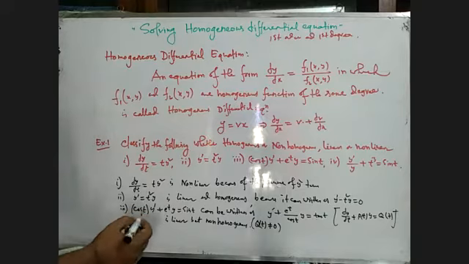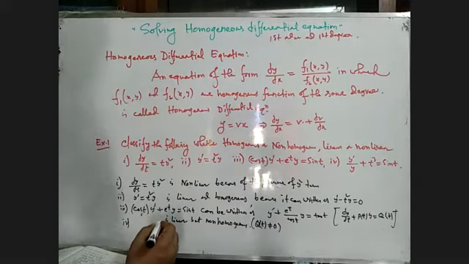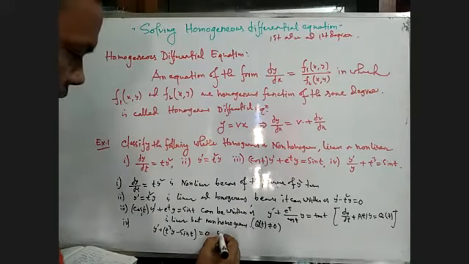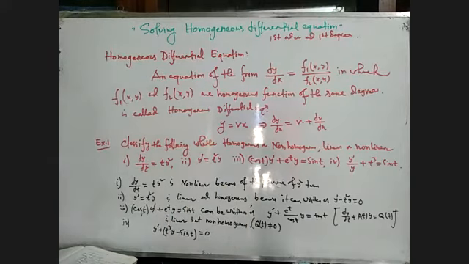Now the number 4 differential equation can also be written like this: y dash, multiplying by y on both sides, t cube y minus sin t, equals 0. This is how the given differential equation number 4 can be written.